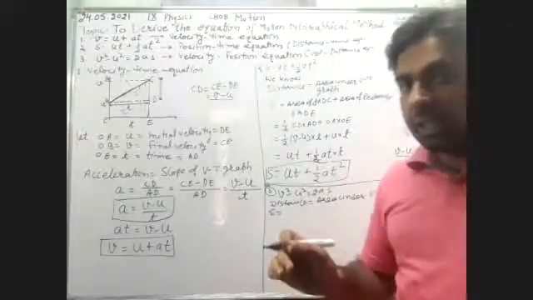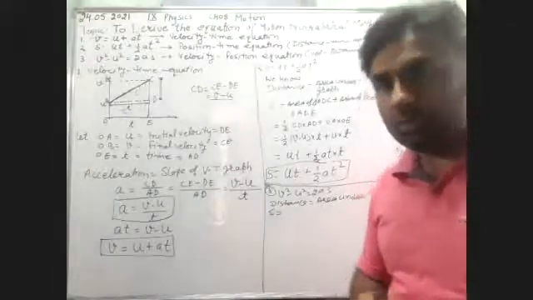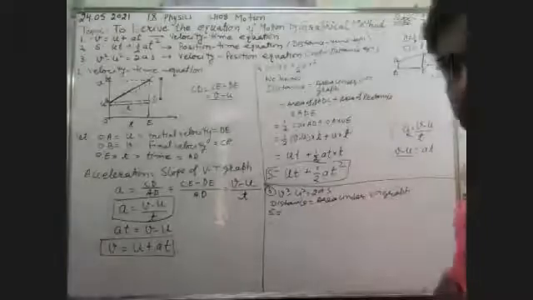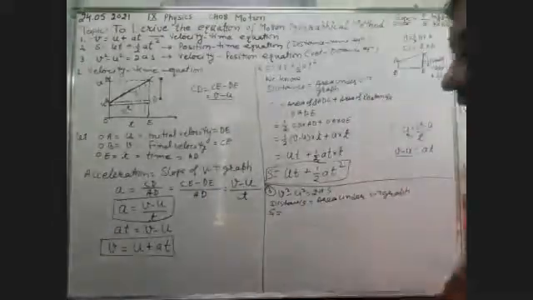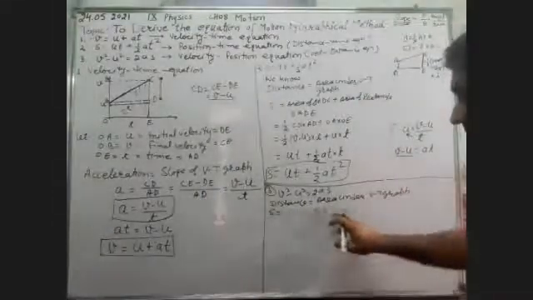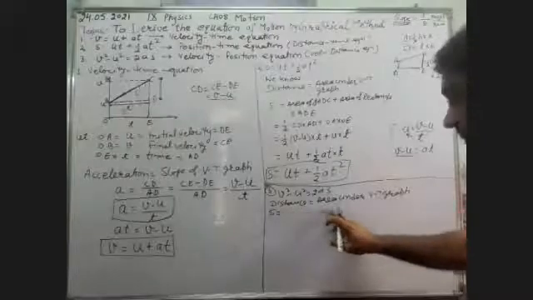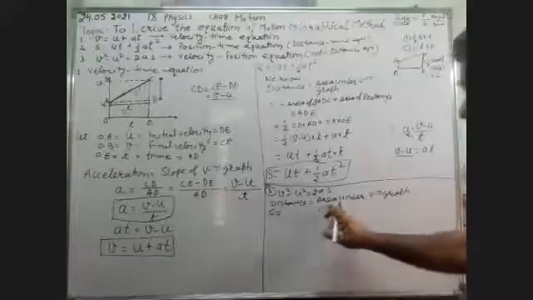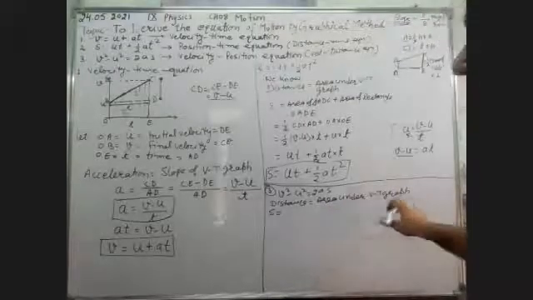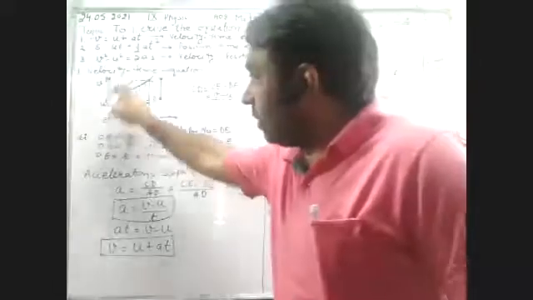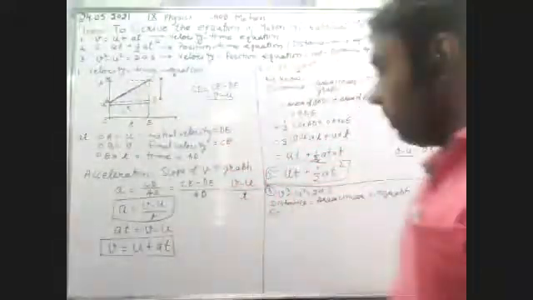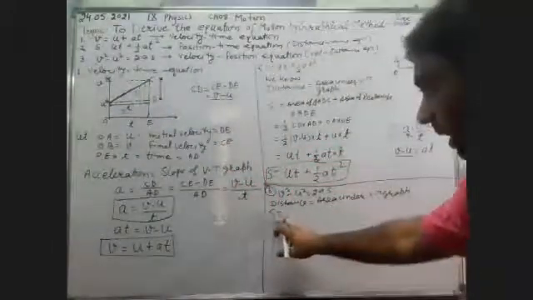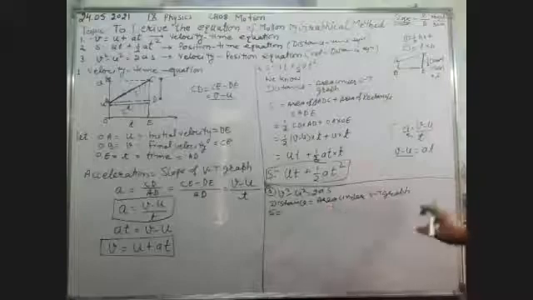Okay students, in the next lecture I will take some doubts, but a small topic is left. So first cover this topic. So now we will calculate the distance by using another formula, and the equation will be the same: area under VT graph. Now we will use the area of trapezium. So distance is equal to area under VT graph.